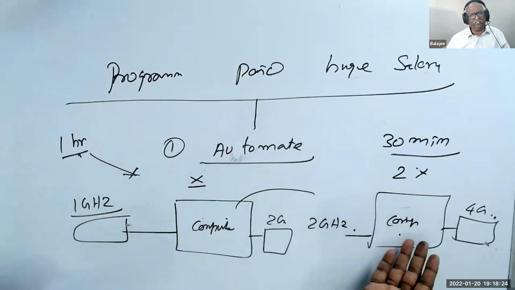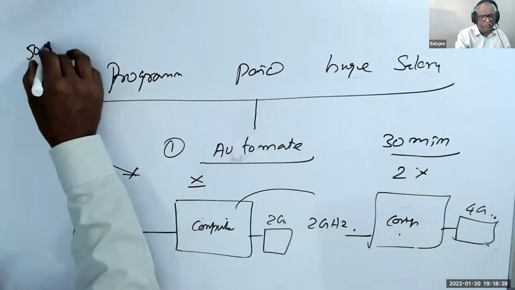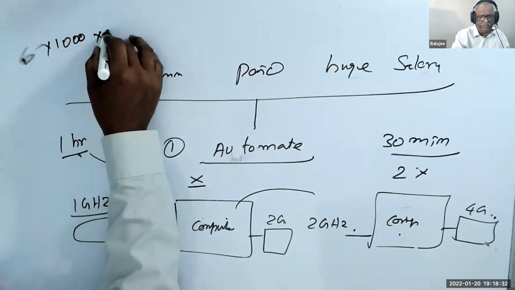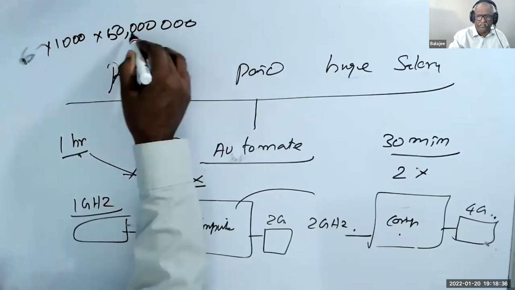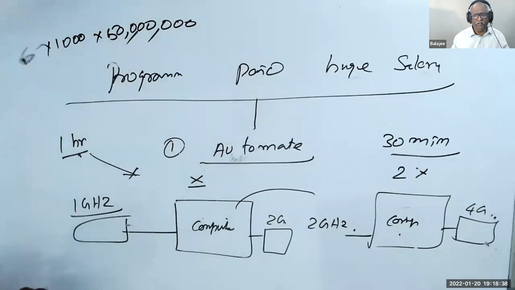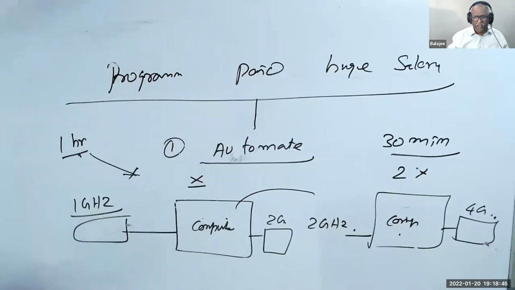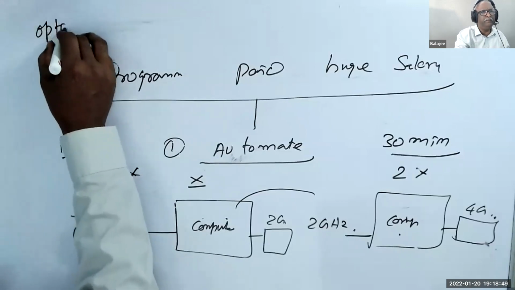This could cost about 50,000 rupees more. So 50,000 into 1,000. If you add the 3 zeros, that's about how many? 5 crores.